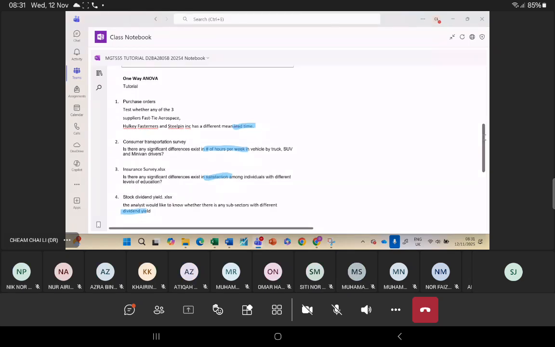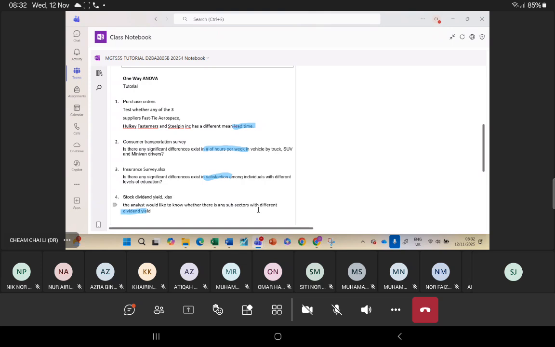Question 4, okay. If you have the stock dividend yield, you have 3 sectors. I can't remember exactly what the subsectors are, but I just give you an example, like you have the financial sector, the education sector, the health sector, so ada 3 sectors.